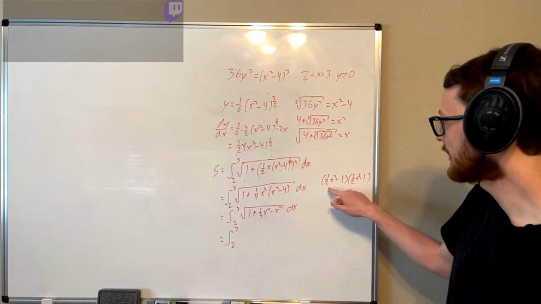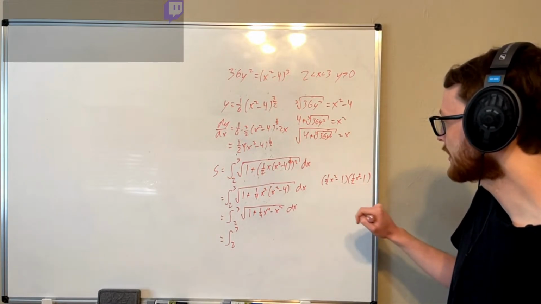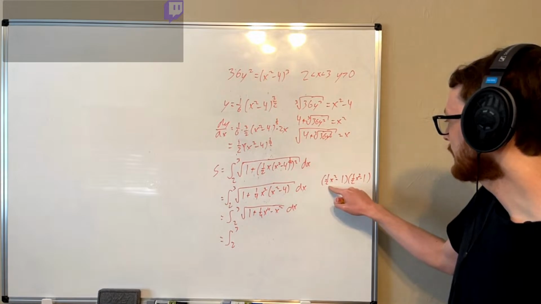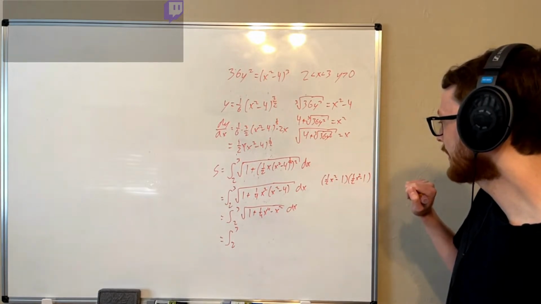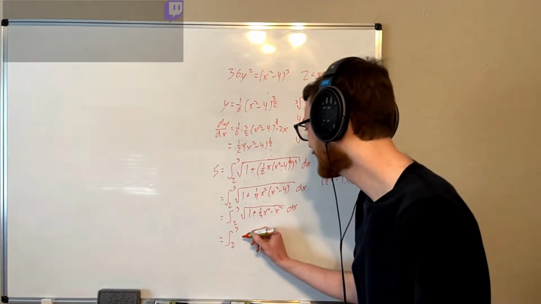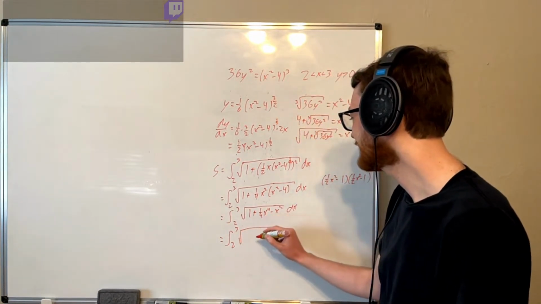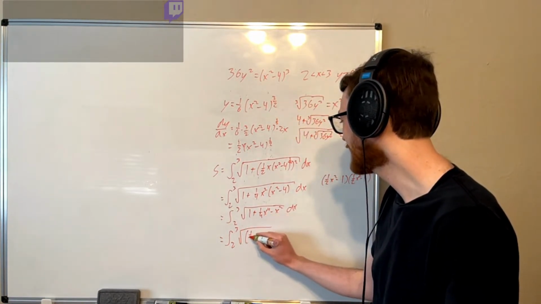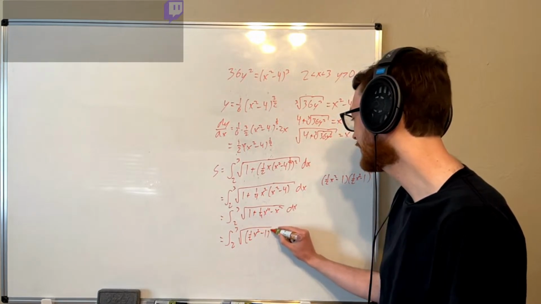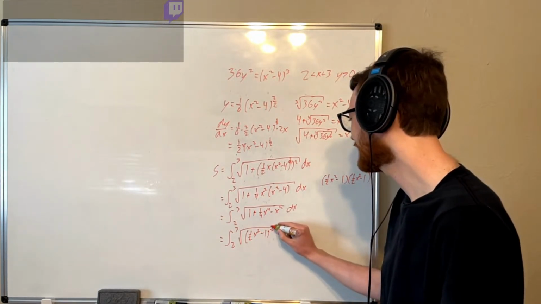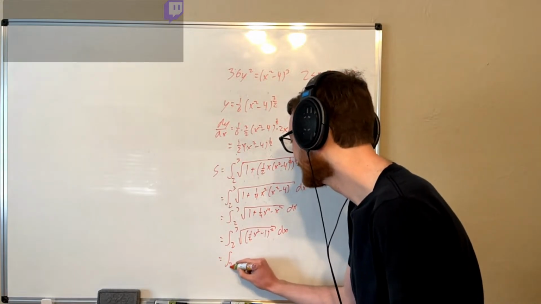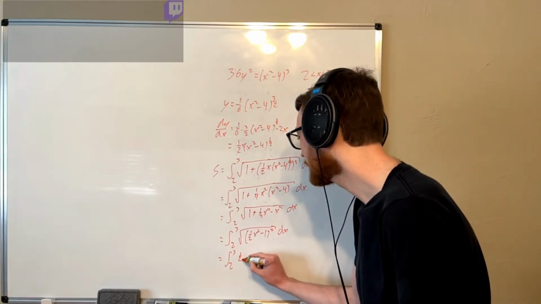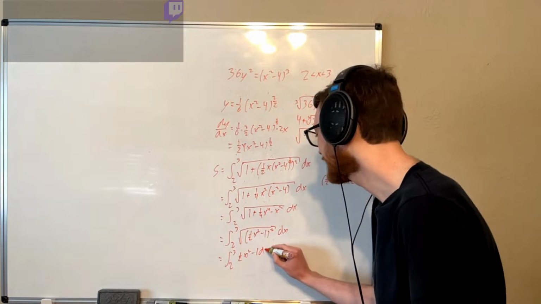The ones check out, the 1/2 x squared check out. You get minus 1/2 x squared minus 1/2 x squared. Hey, oh my god, that's beautiful. So that factors to (1/2 x squared minus 1) squared dx. Look at that, square root squared. We just get 1/2 x squared minus 1 dx.